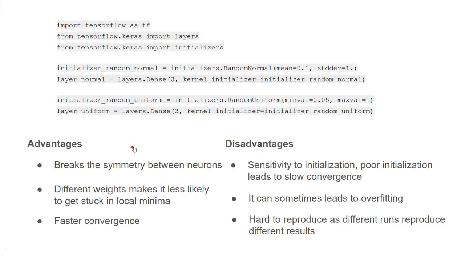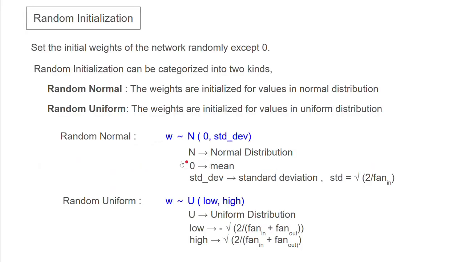What is N? N is normal distribution. 0 is the mean, and the standard deviation is calculated by the square root of 2 divided by fan-in, the number of fan-in values.